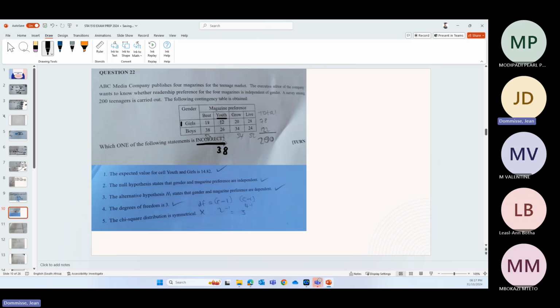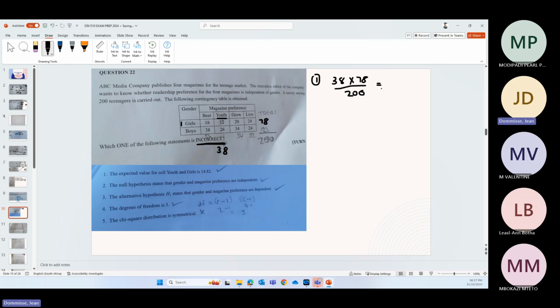Then girls is 18 plus 12 is 50, plus 20 is 50, plus 28, so that is the 78. So to work out the expected, let's put it here, is 38 times 78 divided by the total 200.